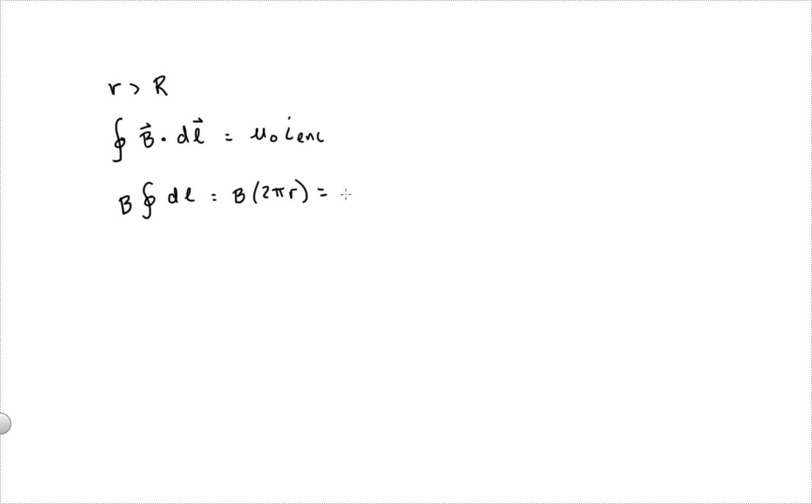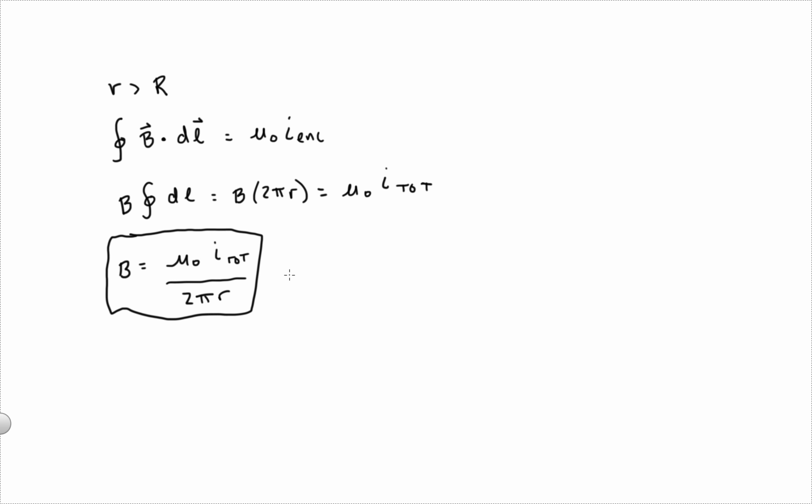And now the current enclosed, well, we don't have to worry about any scaling. The current enclosed is just the total current. And so this is mu naught I total over 2 pi r. And we are done.